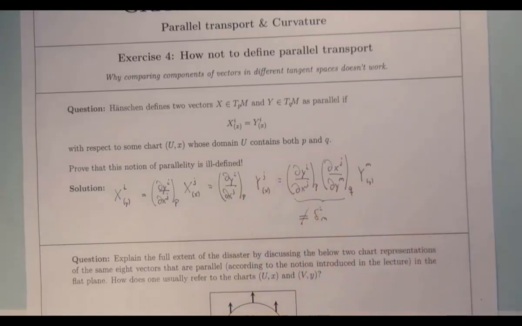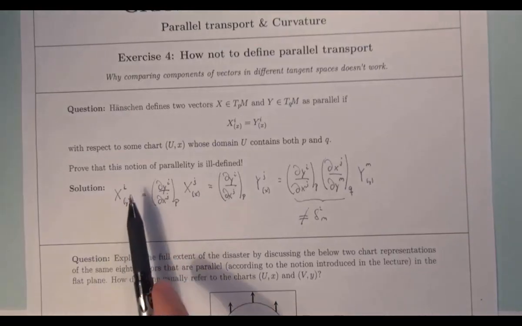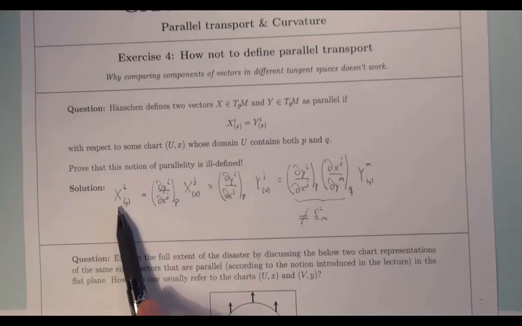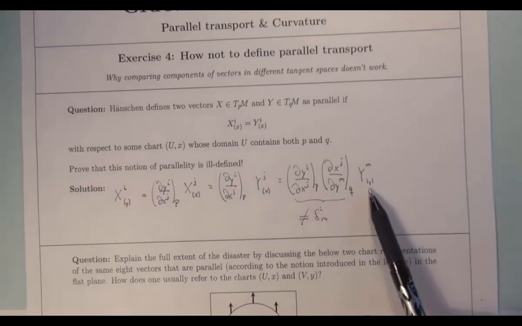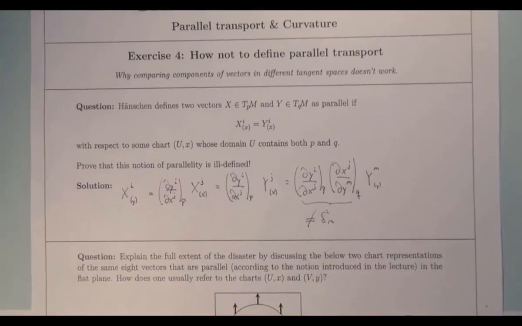So this is not the delta, and so usually the components of this vector x in another chart are totally different from those of the other vector y. So this definition of parallelity is heavily chart dependent, and thus it is ill-defined.